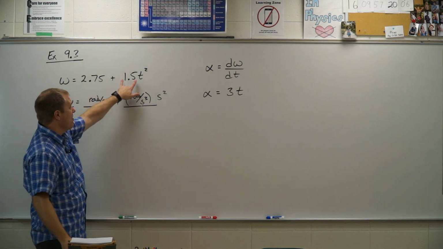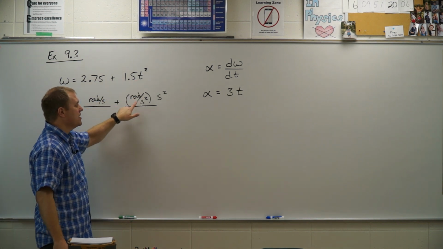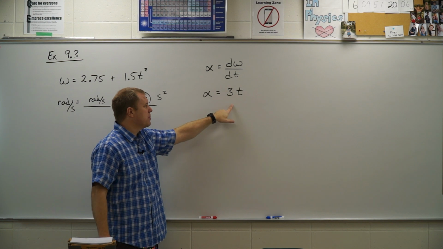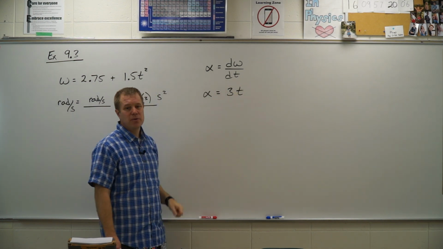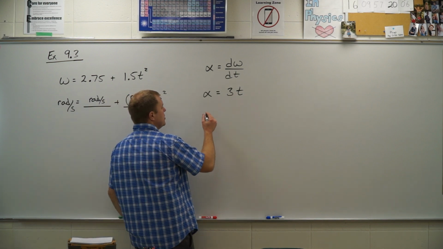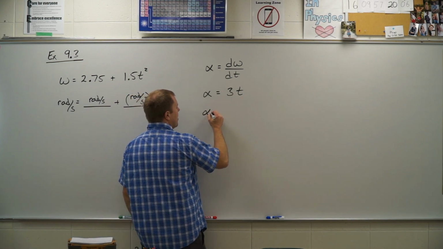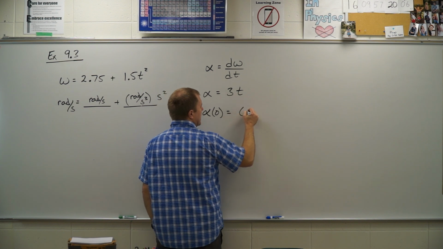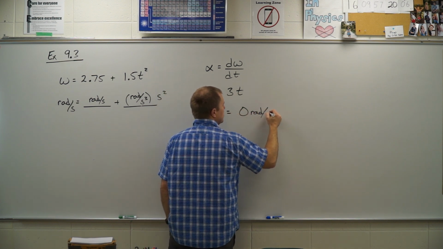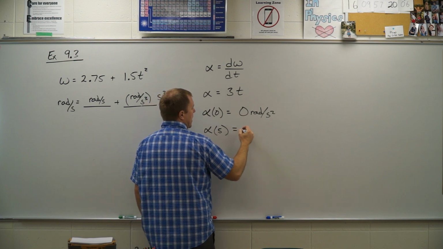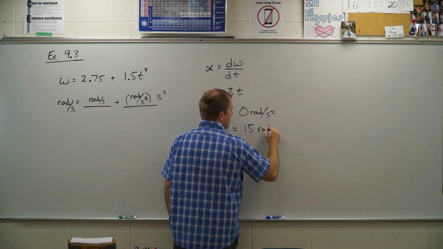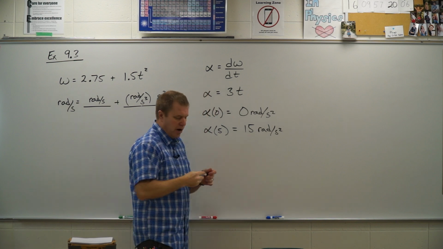I still have my coefficient as radians per second cubed, because radians per second cubed times seconds gives me radians per second squared. Now they want me to evaluate that at 0, and I get 0. They also want me to evaluate it at 5, and so I get 15 radians per second squared in that case.